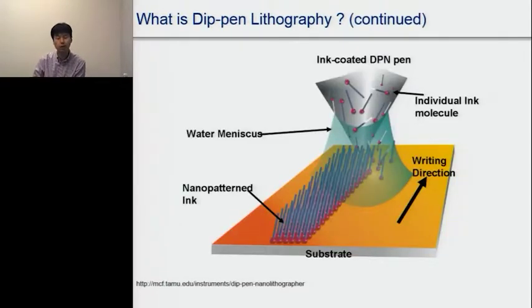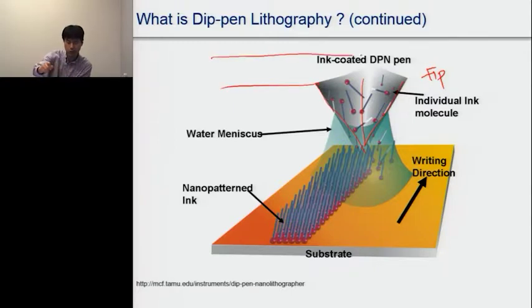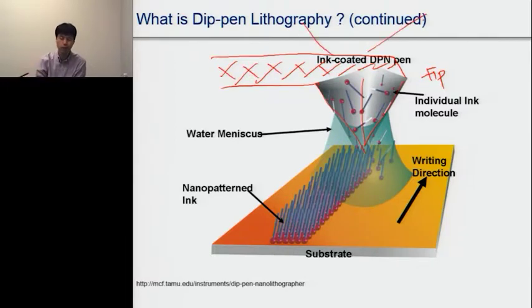So this is the typical configuration of dip pen lithography. This is the pyramid structure of the tip, and it is connected with a cantilever bar, and then the laser might hit something like this. The interesting thing is this is an ink material, and this ink normally contains the material we want to deposit directly.